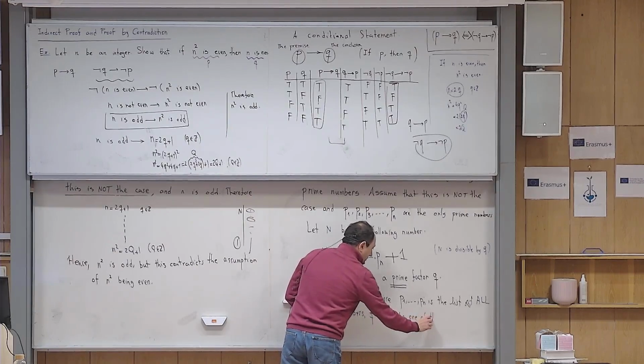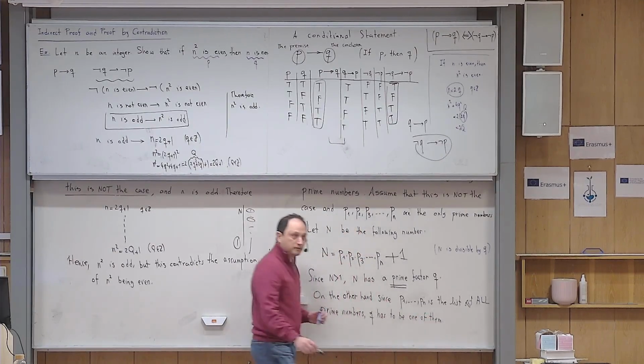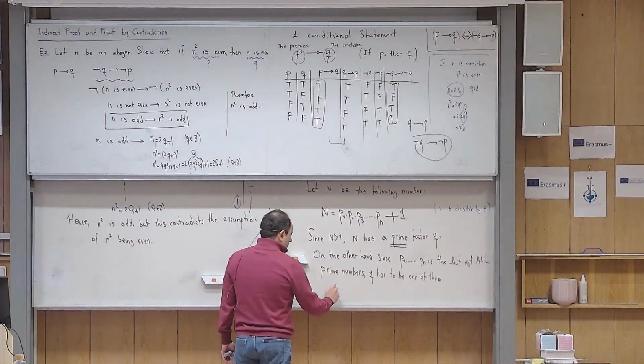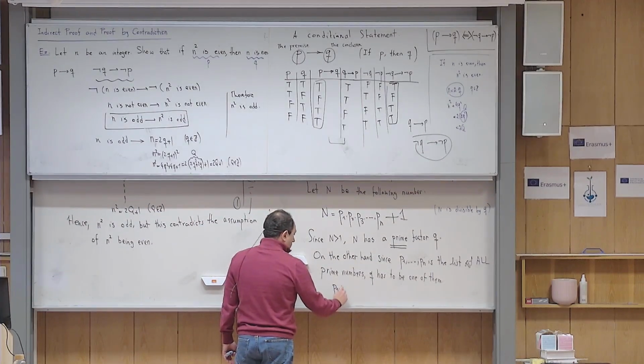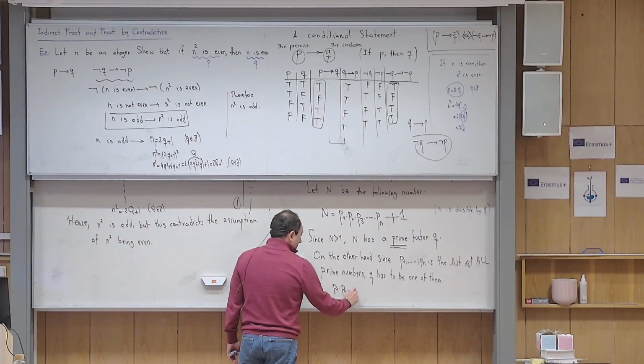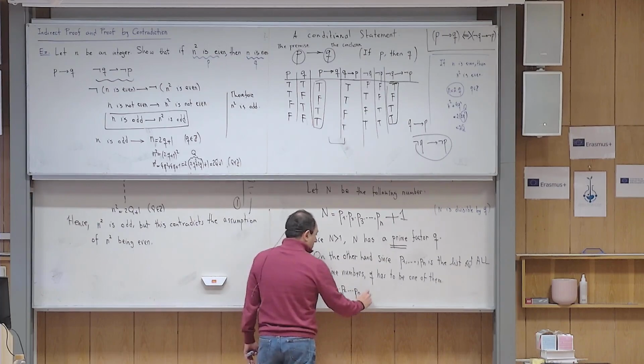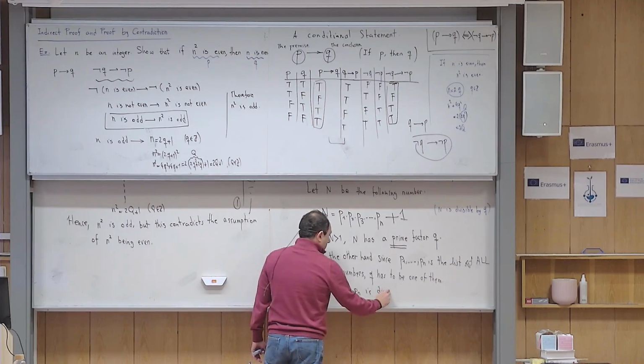Is that understandable or not? Yes? If q is one of them, then p1, p2 up to pn, therefore, thus, this is divisible by q as well.